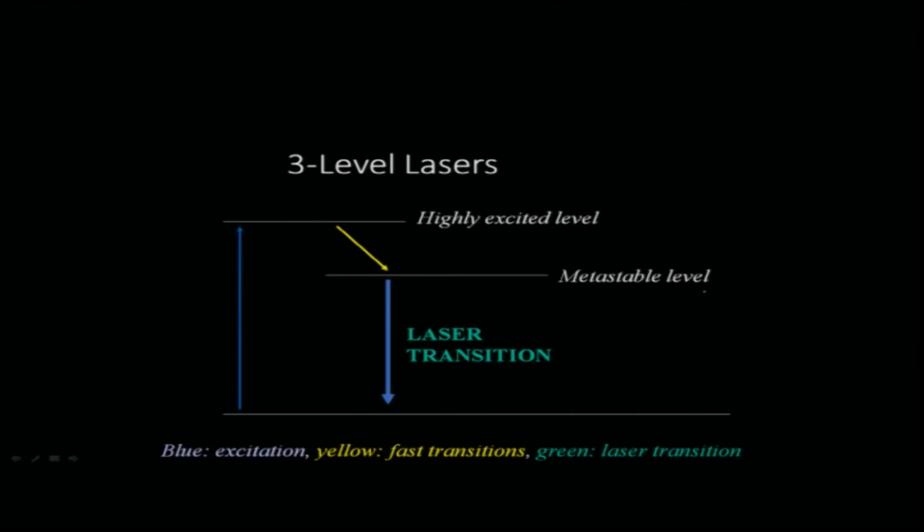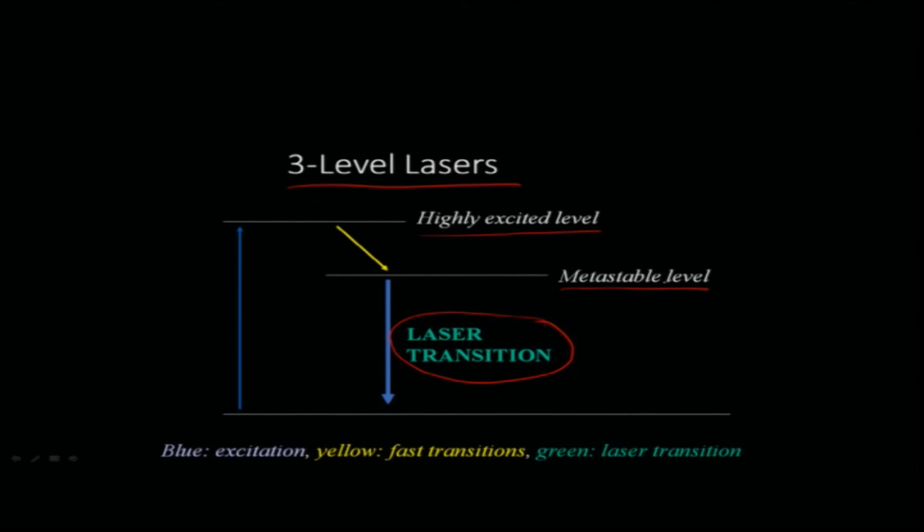And one of the things which Meinmann finally was able to achieve was to use a medium which was not just a simple 2-level, but a 3-level, and now this class of lasers can also be defined in terms of the level structure that we use. One is the principle of 3-level lasers, where we have states which are more than 2. So, we have the excitation which goes to a highly excited state, from which it has a fast transition to some metastable state, from where the laser transition occurs.